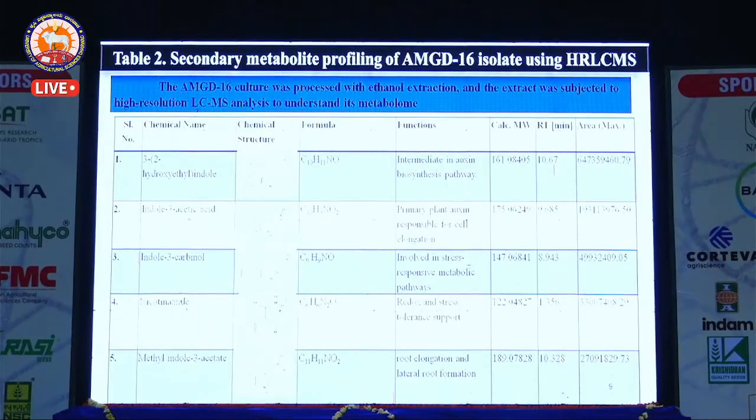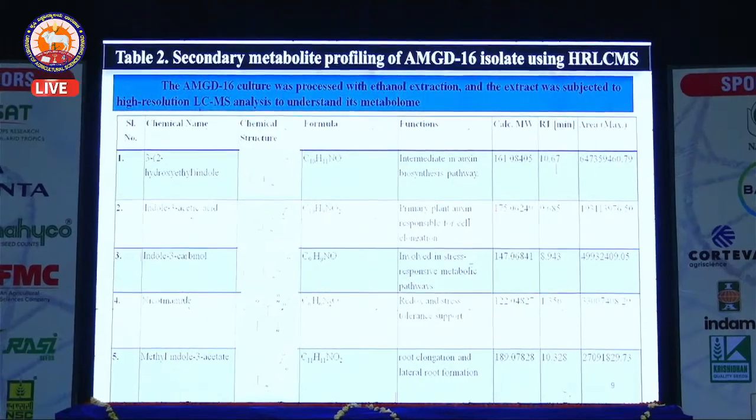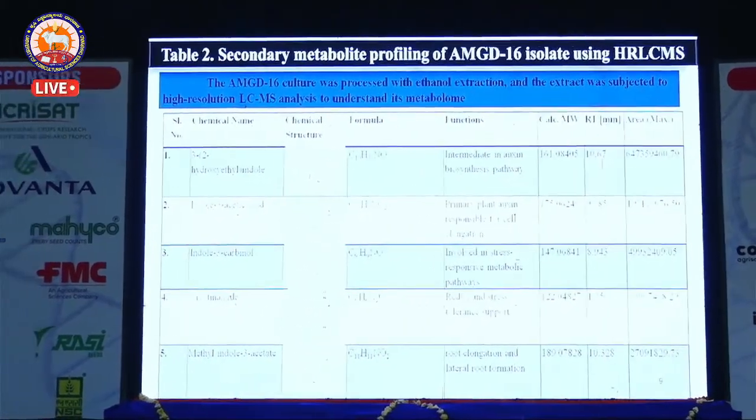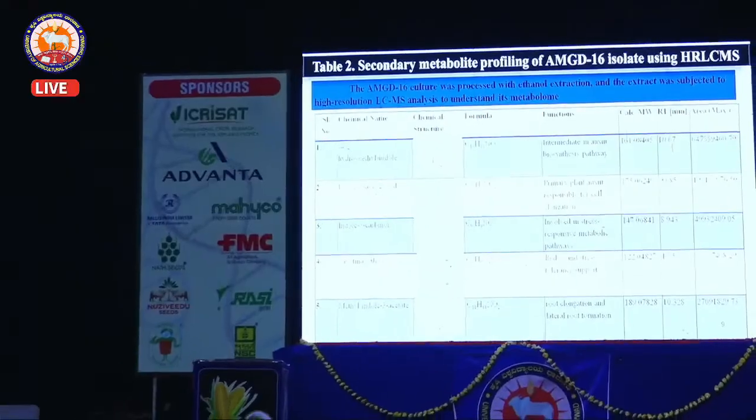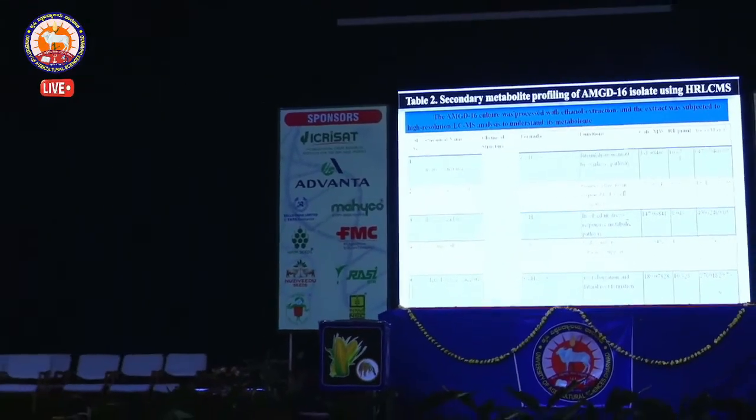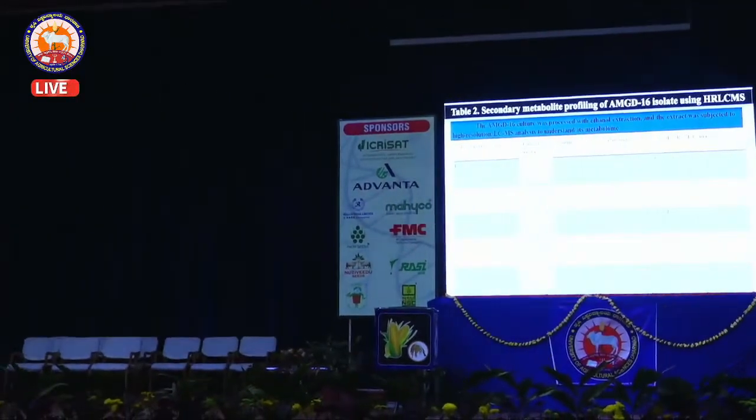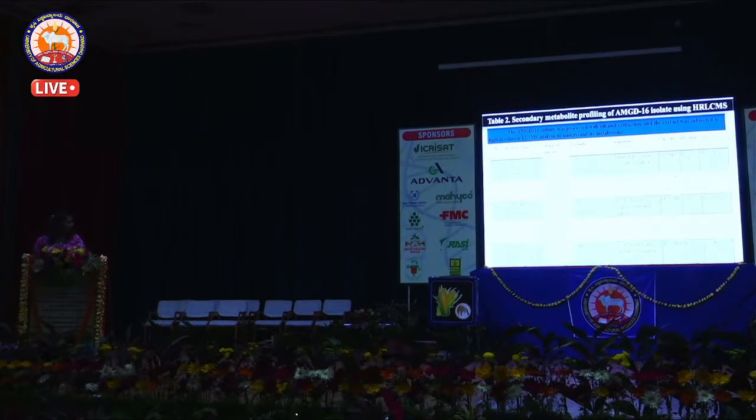AMGD 16, which was a very good biological control agent, was further taken for HRLCMS analysis to understand its metabolome. Based on the area of abundance, different metabolites were selected, and literature mining was done to understand the function of those metabolites, and we saw that there are different indole derivatives like indole 3 acetic acid, indole 3 carbinol, methyl indole 3 acetate, and also indole 3 acrylic acid and pyridoxine.